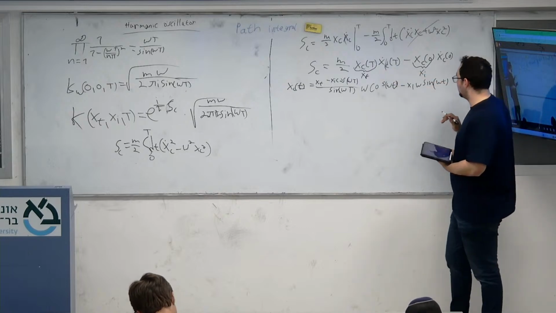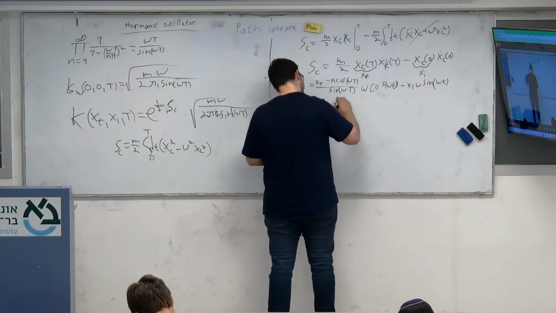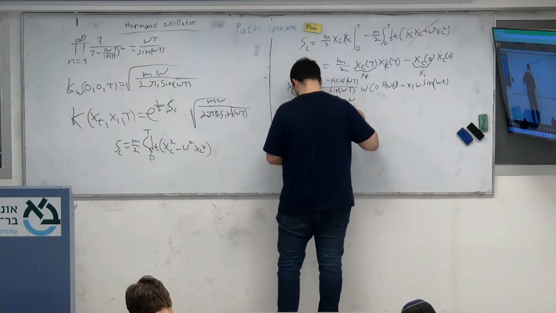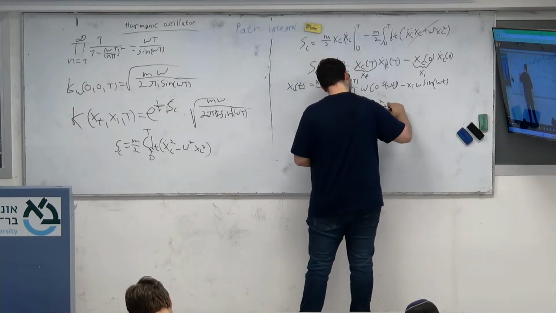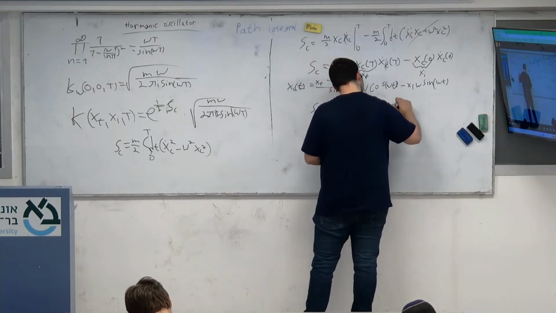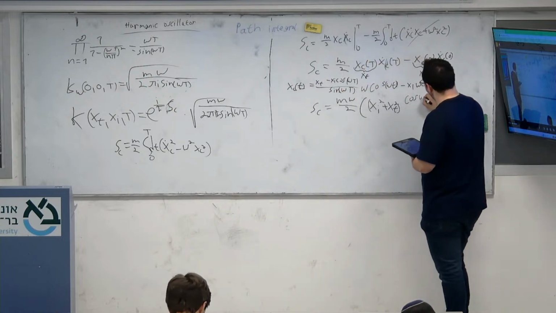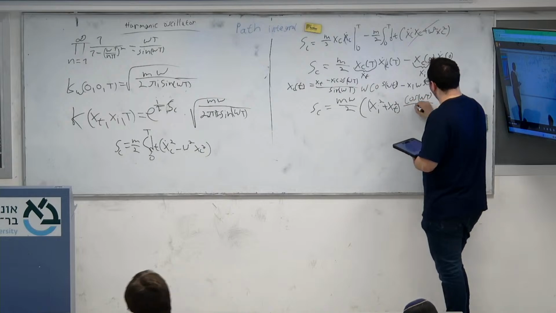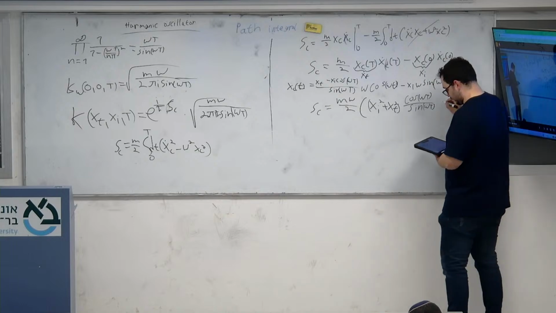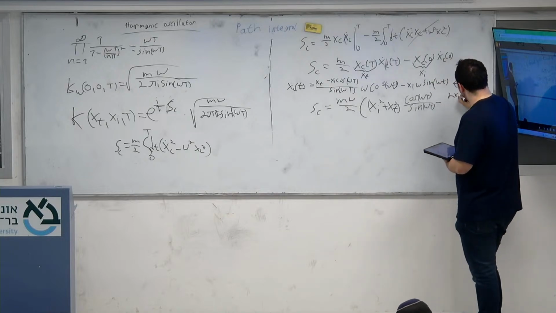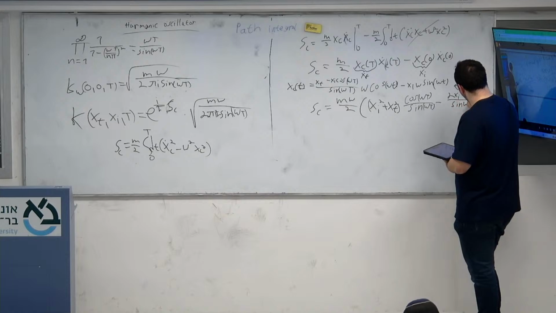I'll give you the final answer here. SC will be equal to omega divided by 2 times xi squared plus xf squared times cosine omega capital T divided by sine omega capital T, minus 2 xi xf divided by sine omega T.